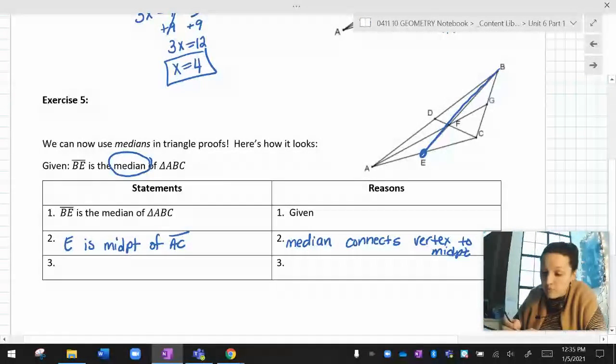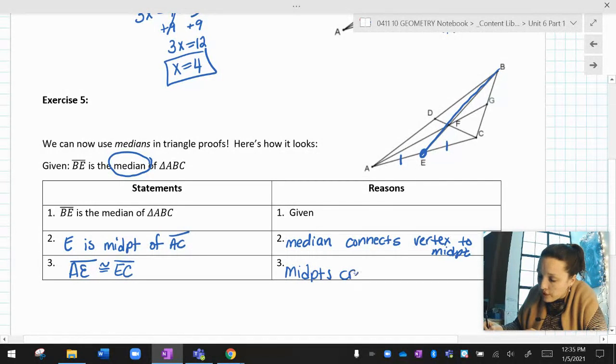And if you know you have a midpoint, then you know the left part equals the right part. And you know that AE is congruent to EC because midpoints create 2 congruent segments.